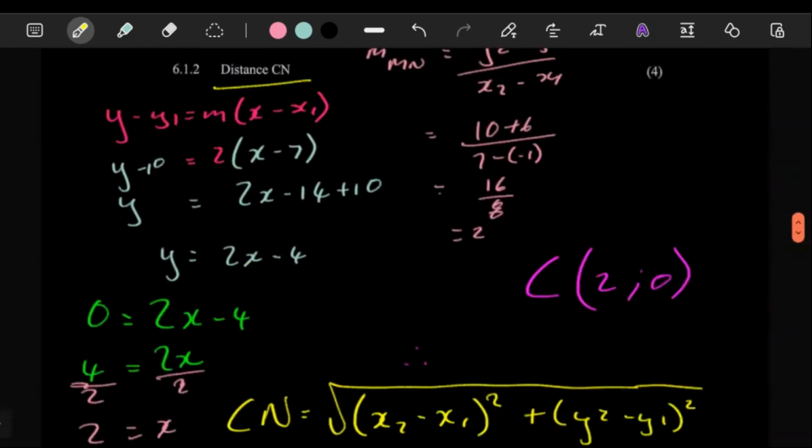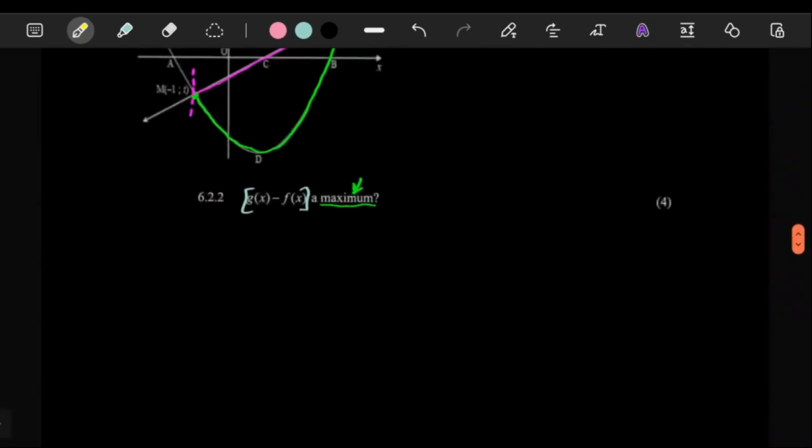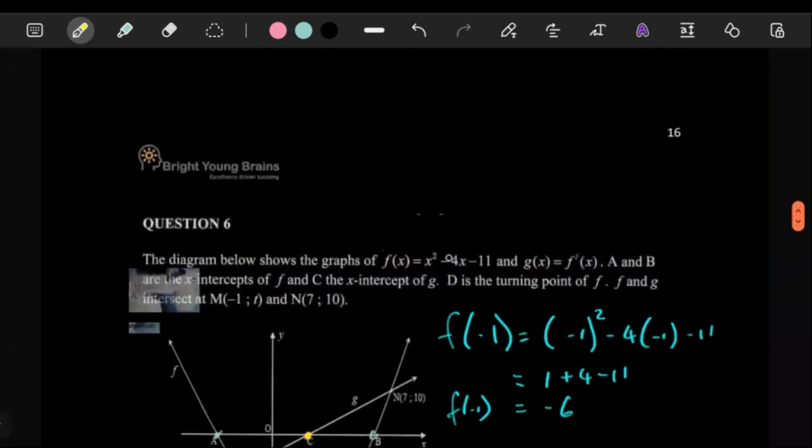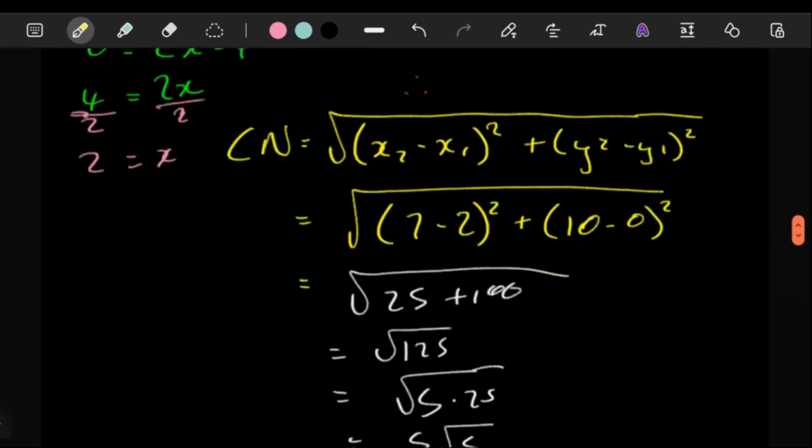So the graph of g, fortunately, we already have the equation of g here. You see, 2x minus 4. So here we have the 2x minus 4, that's the equation of g. The equation of f of x, remember, if you're going to minus f of x, it means all of this is going to change. So you're going to have negative x squared plus 4x and then plus 11.